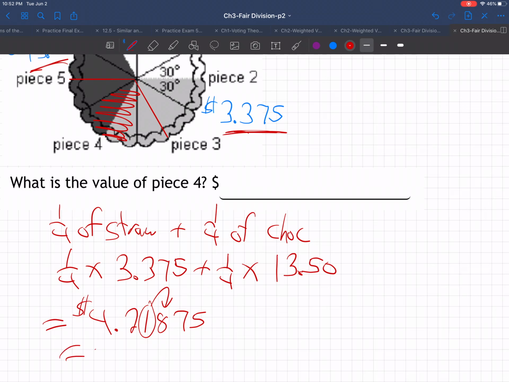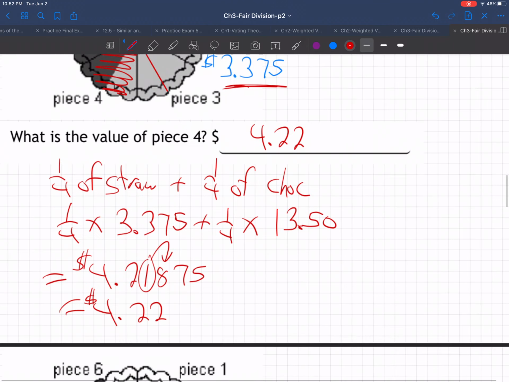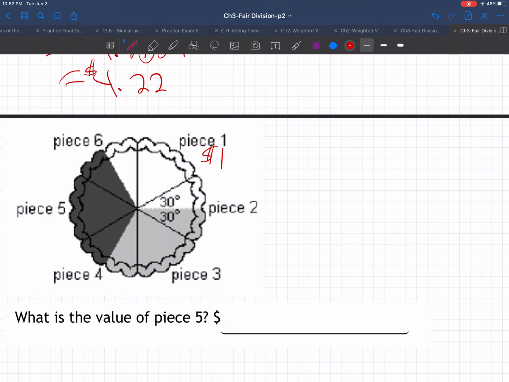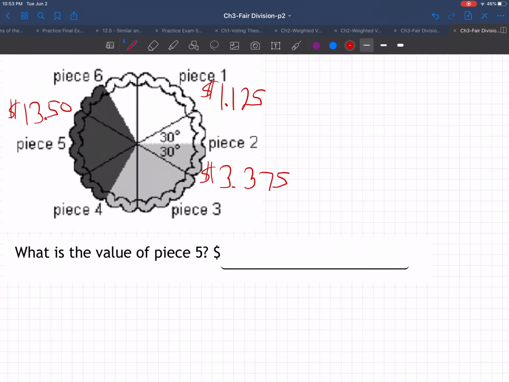Look one to the right, that tells us to round up. $4.22 is the value of piece 4 to Wendy. Let's move ahead. Putting in again the value for the whole vanilla, strawberry, and chocolate chunks. Got that right? Now we're doing piece number 5.